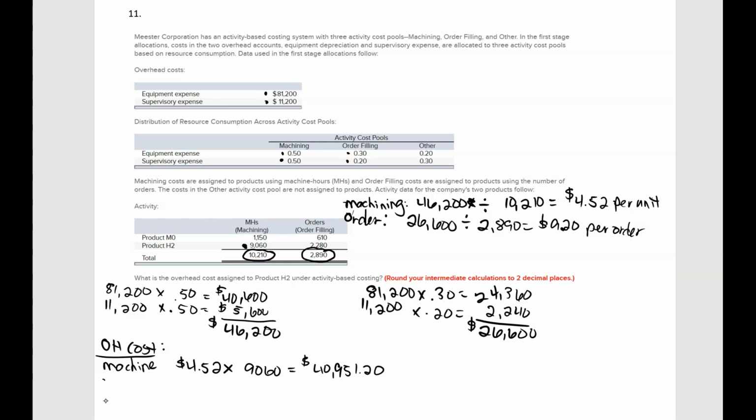Then the same thing with the order: $9.20 times the 2,280. $976, and then add the two together.